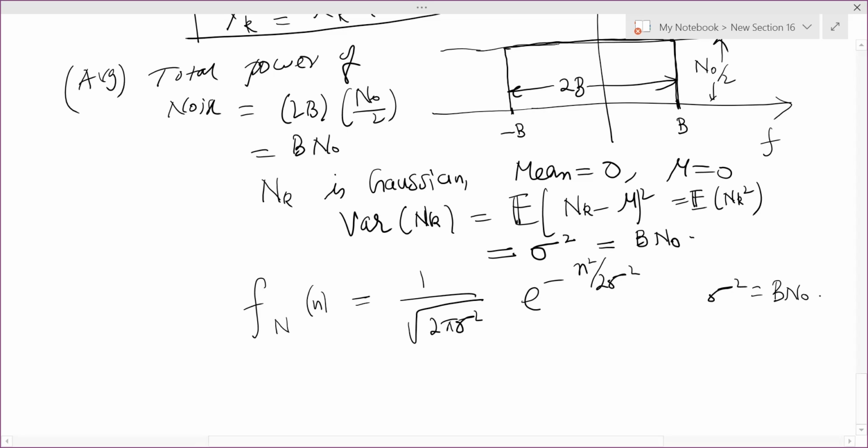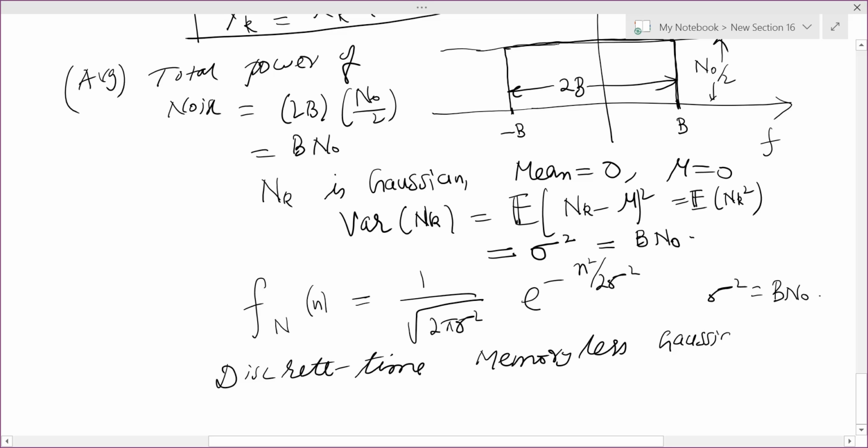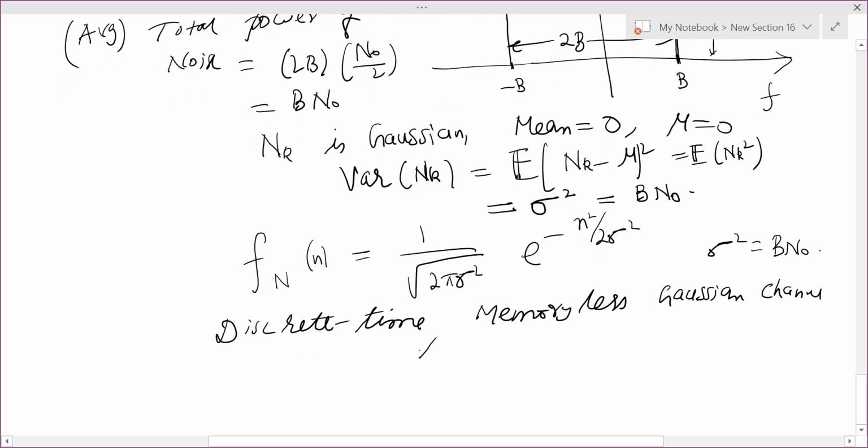Now what we have is a discrete time and in fact memoryless Gaussian channel. Memoryless means that if you have a symbol xk plus 1, at the receiver you have yk plus 1, yk plus 2, and so on. The next symbol does not depend upon the previous symbol. That is what memoryless means.